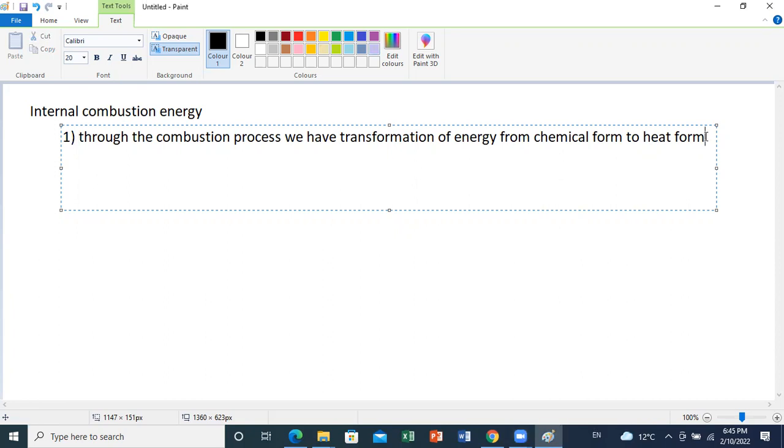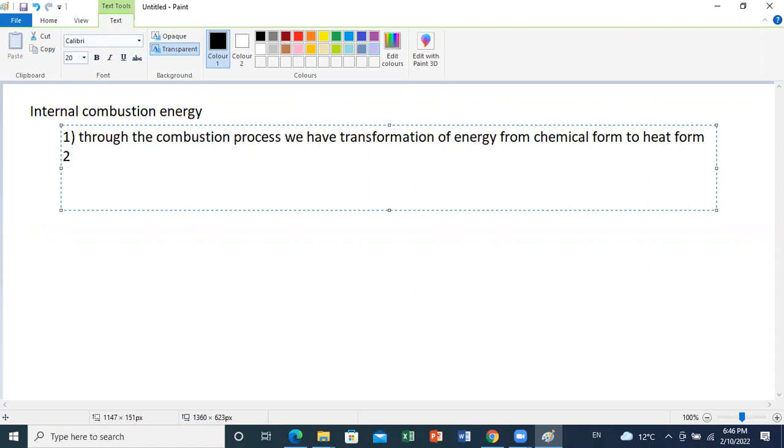Yes, very good. So this heat energy will be transformed into mechanical energy through motion. You will create a very high pressure and temperature, and these high pressure and temperatures inside your cylinder will push your piston and will lead to its motion.